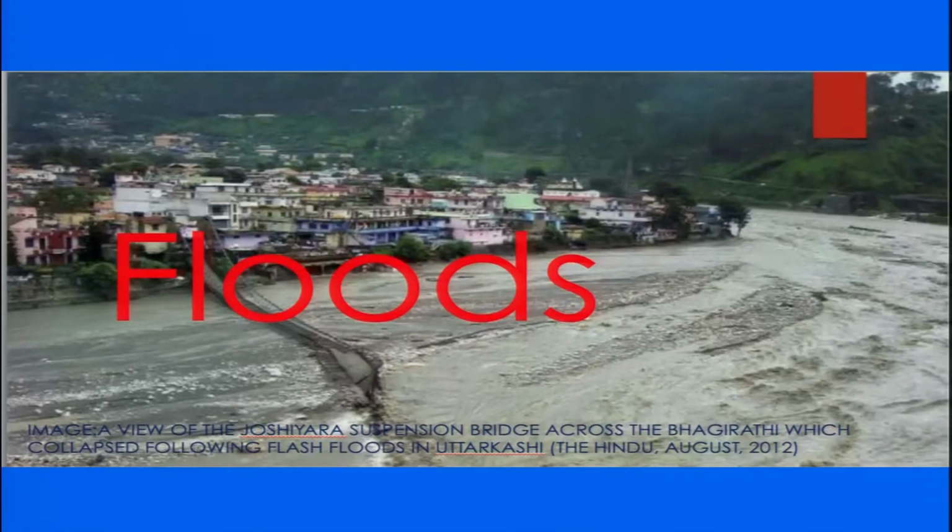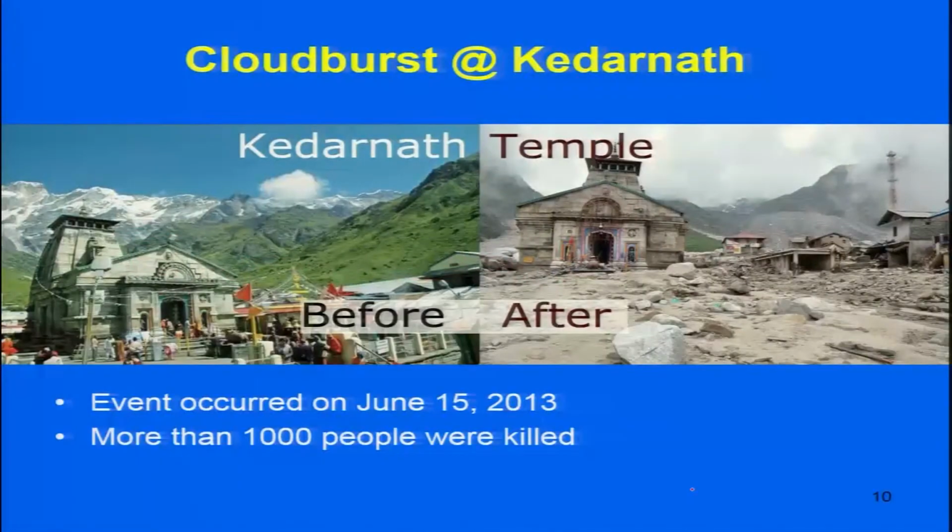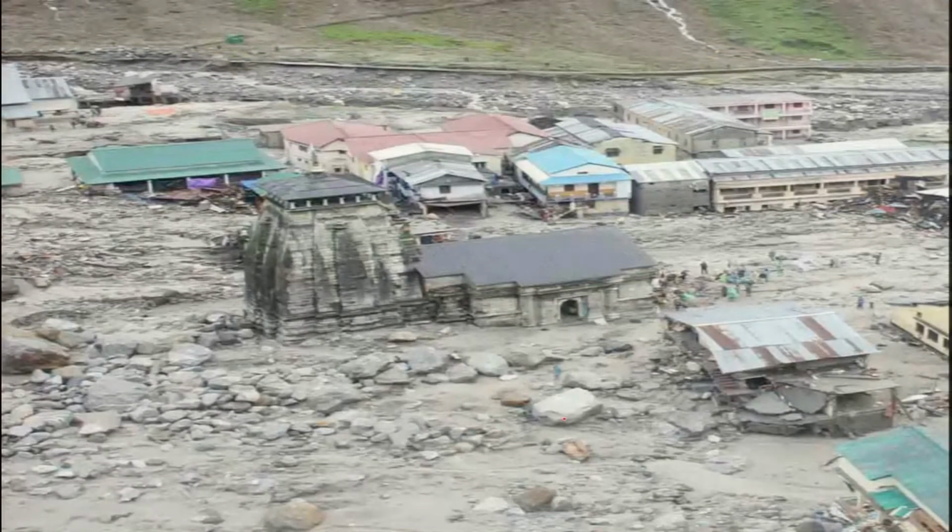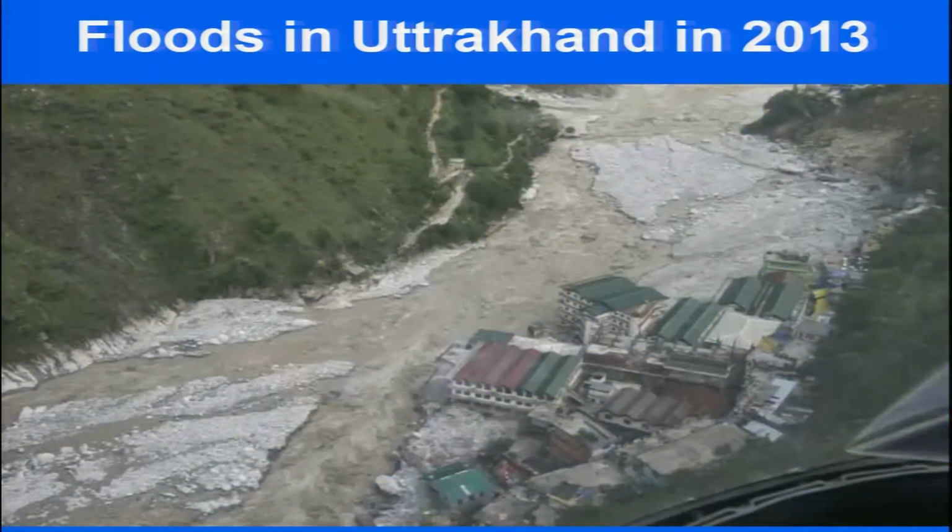This is a photograph which was taken from the Uttarkashi flood, which affected in 2012. It's Kedarnath, which shows the picture before and after, and this was mainly because of the cloud burst. This happened in 2013. So mainly the debris flow from Uttarkashi.